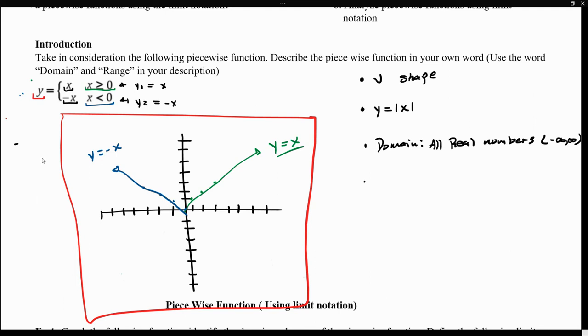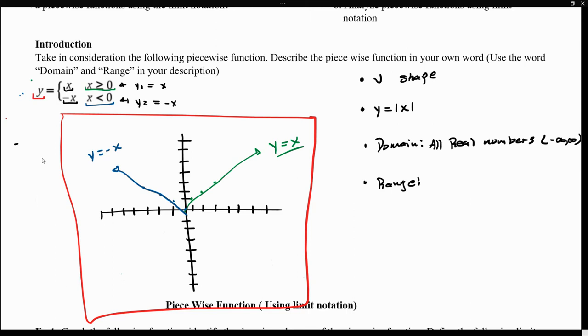So what's the range of this piecewise function? Remember, the domain is all x values that are possible in our graph, and the range is all the outputs, or all y values, on this graph. The green section, which is the function y equals x, is going to keep increasing without a bound, and the blue section, which is y equals negative x, is also going to increase without a bound.